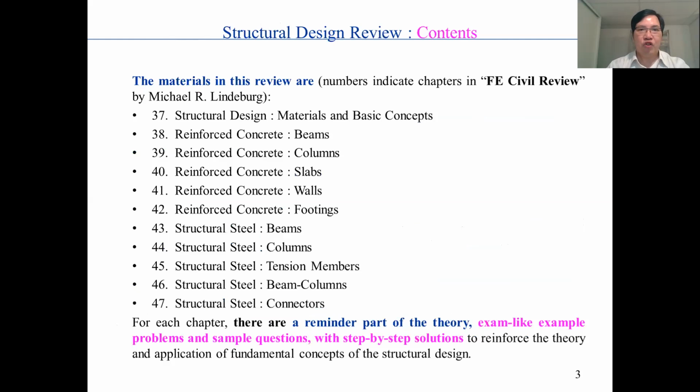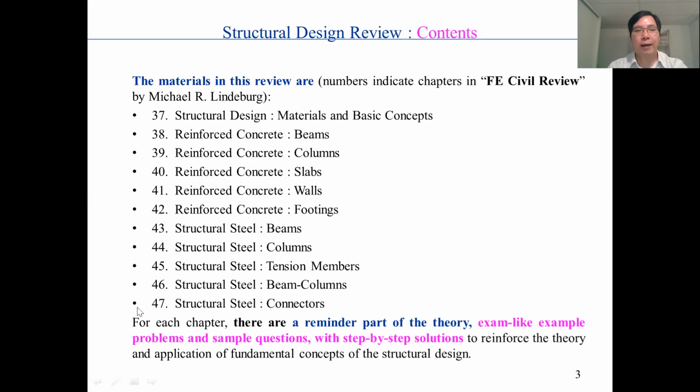In my presentation, I will put the number of the chapter according to the book FE Civil Review of the author Lindeberg. The chapters of this presentation will vary from 37 up to 47.